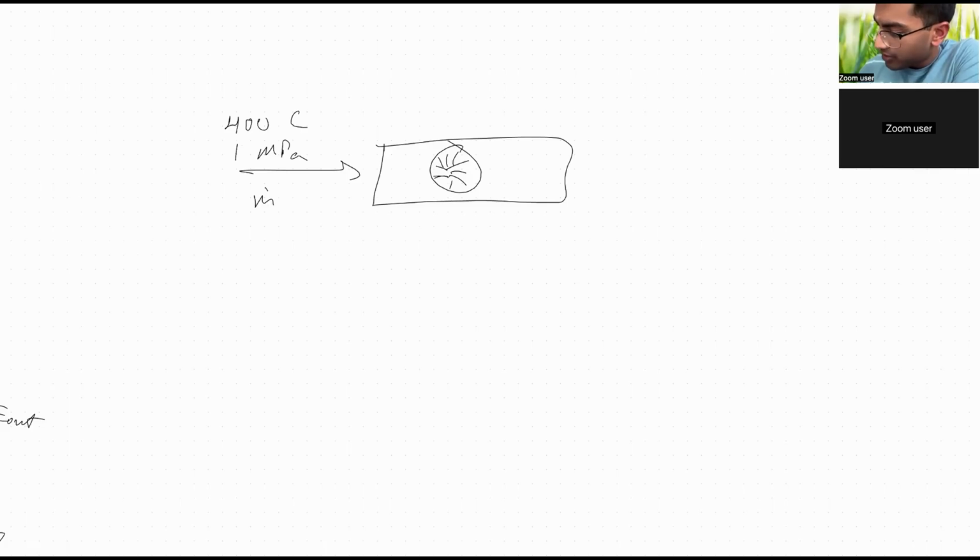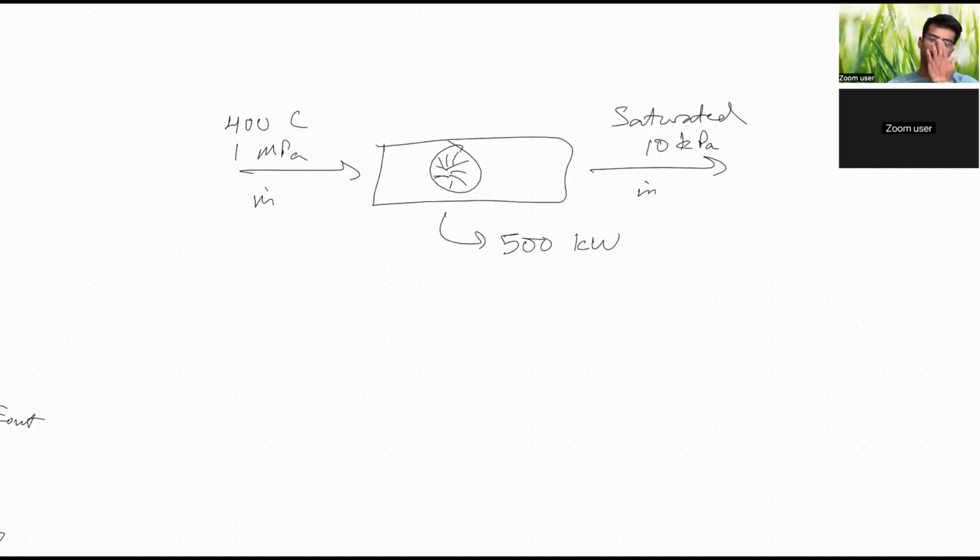And it comes out saturated at 10 kilopascals. This turbine extracts 500 kilowatts of shaft work. And the question is, what is the mass flow rate? So what's m dot?